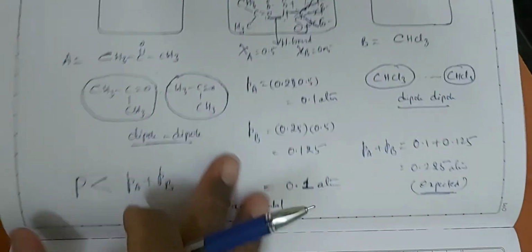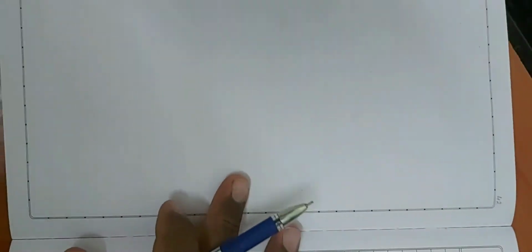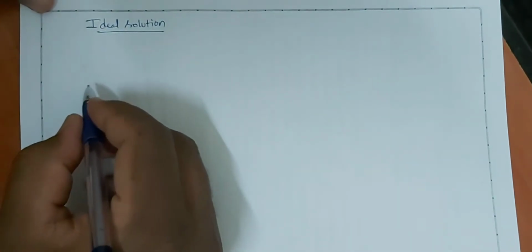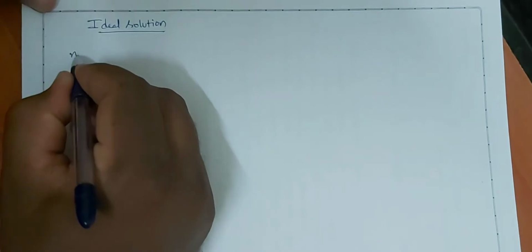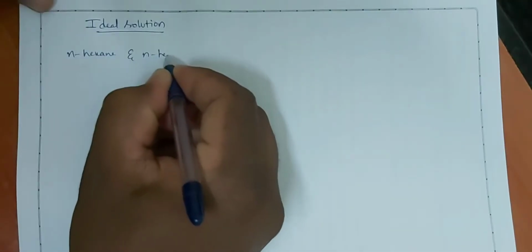Now I am going to consider that ideal solution example. Example for an ideal solution is N-hexane and N-heptane.